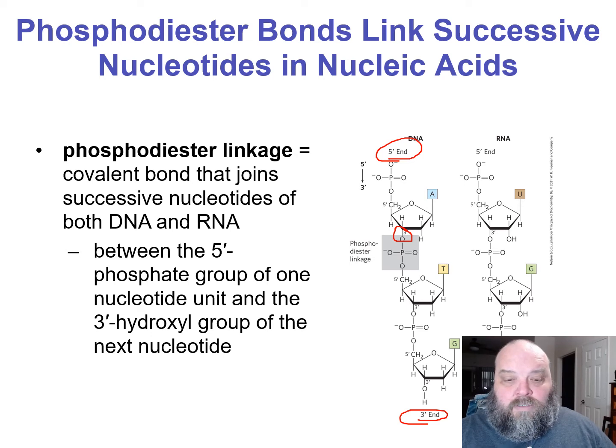This hydroxyl that was terminal at that given instant is going to be removed, and now this phosphate group is going to be attached right there. Phosphate, 5' carbon, 4' carbon, 3' carbon, phosphate, 5' carbon, 4', 3', phosphate.